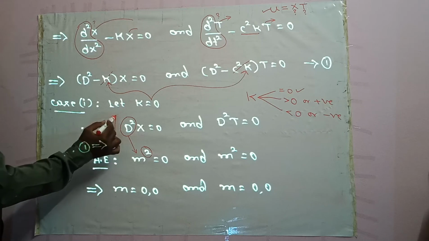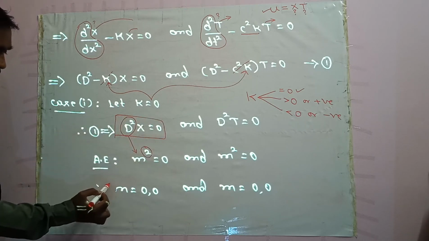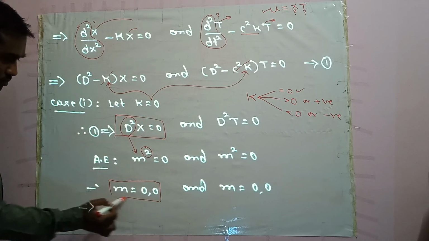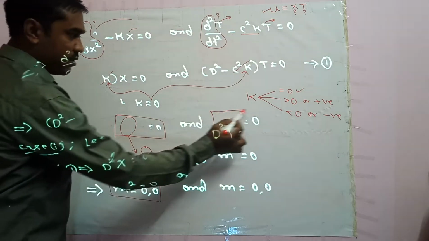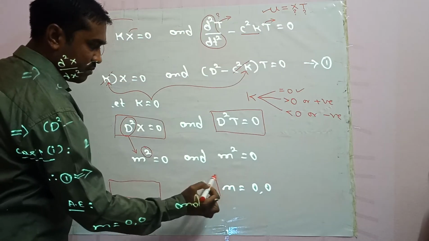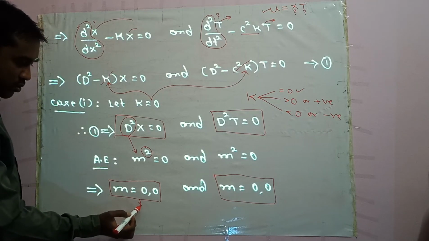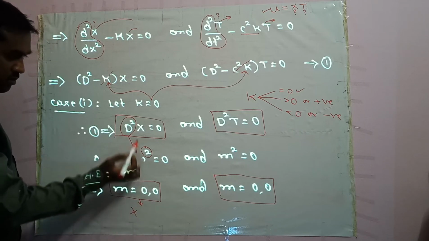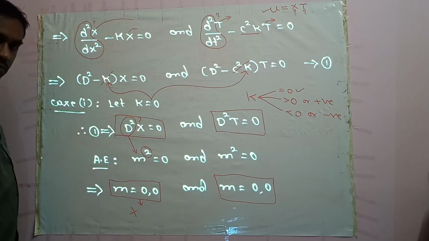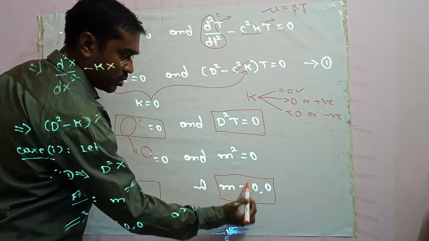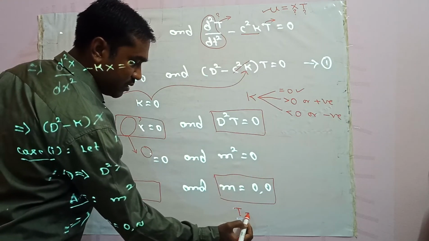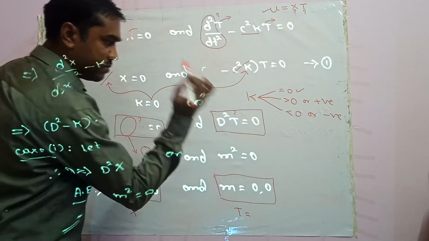So for this equation, these are the roots, and for this differential equation, these are the roots. Using these roots, we are going to find what is X, which is here. Using these roots, we are going to find what is T, which is here.